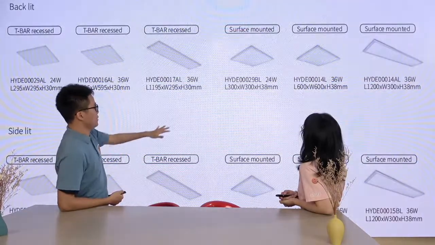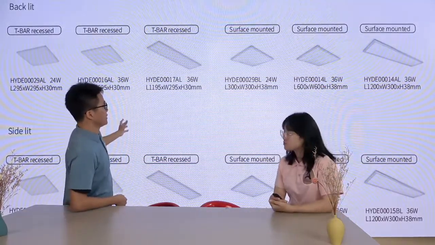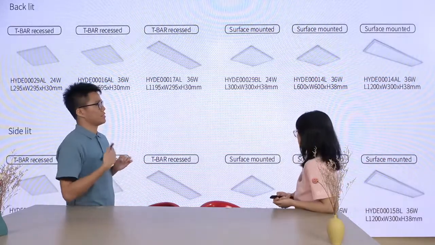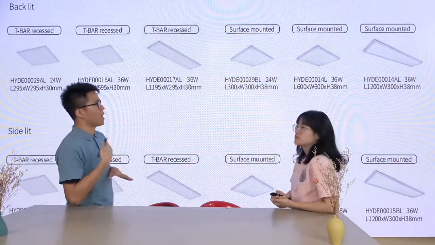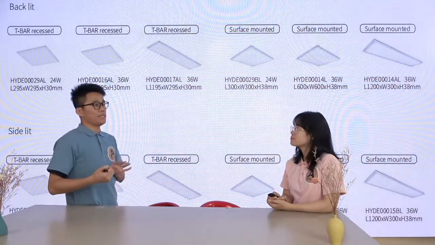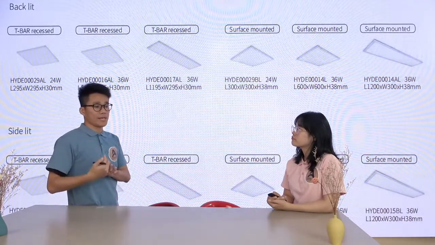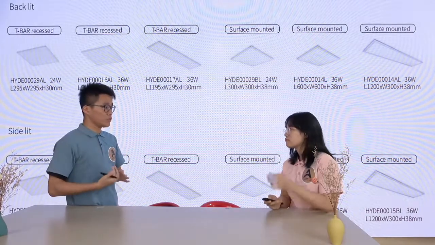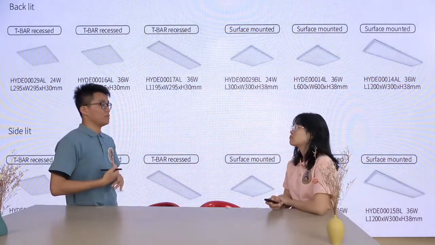Here is all about this panel light, and for this panel light we also have different voltages from 24 voltage to 36 voltage. Some clients may want the product with 42 voltage, and it also can be available for them.